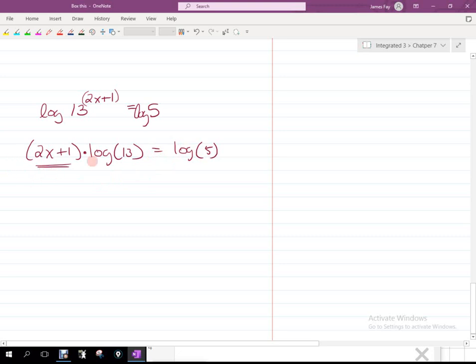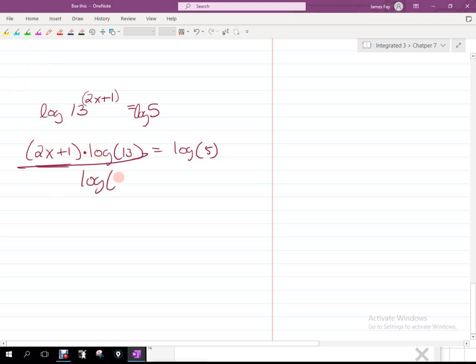Can I divide both sides by log 13 right now? If this is just a number, because that's why I put in parentheses, because it's just a quantity. If I know what x is, let's say x is 1, isn't that number then going to be 3 up front? So I could divide everything by 3 if I knew what x was. So let's just go ahead and separate these two things, because they're being multiplied together.